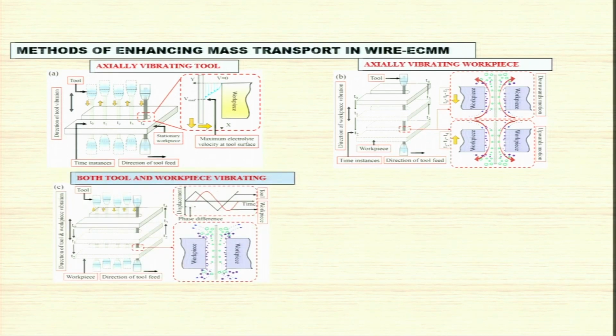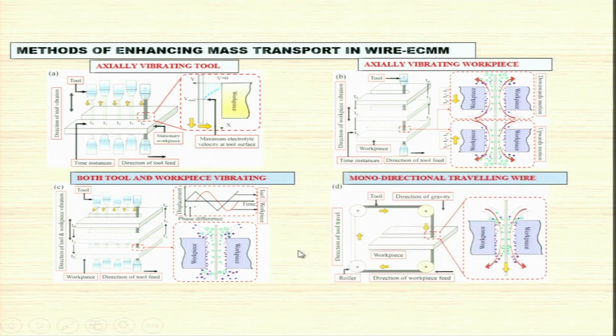Both tool and workpiece are vibrated. I have told you some time back also that you can even vibrate both tool as well as workpiece, but normally it is either tool or workpiece, and in some cases you can do both. This is how you are doing it, with tool and workpiece both vibrating, so the displacement is shown over there with time.